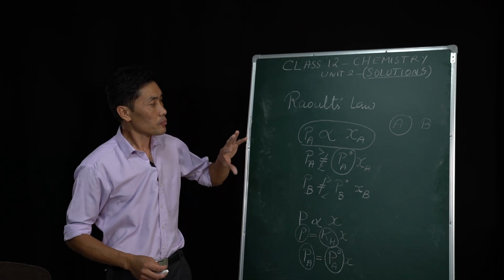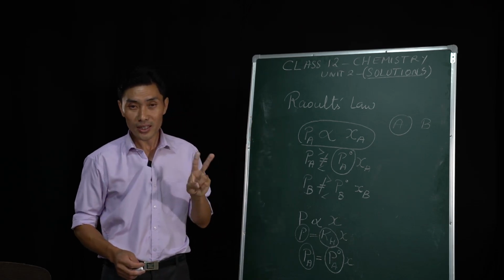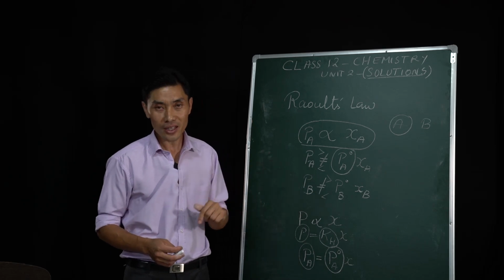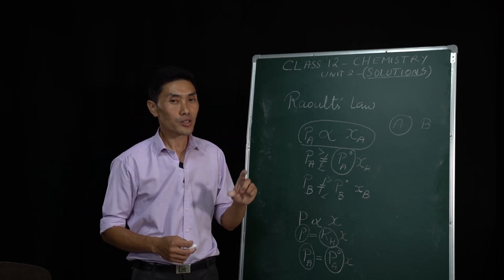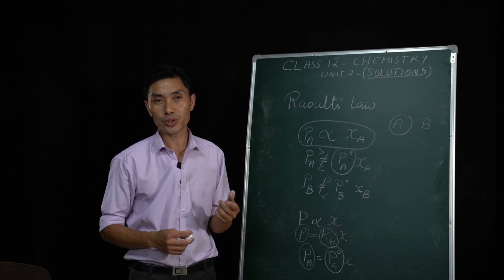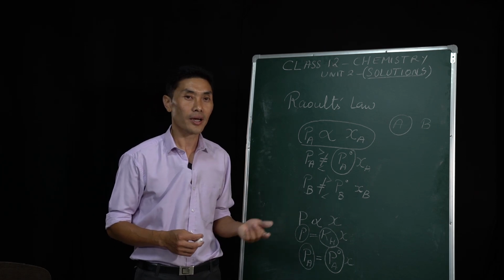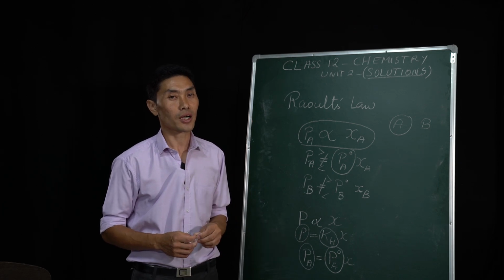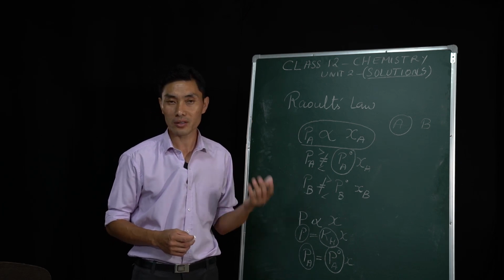So based on this, we get two kinds of solutions: ideal solutions and non-ideal solutions. Ideal solutions are defined as solutions which obey Raoult's law at all concentrations and temperatures, and non-ideal solutions are those which do not obey Raoult's law.